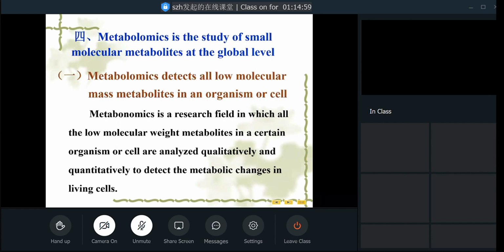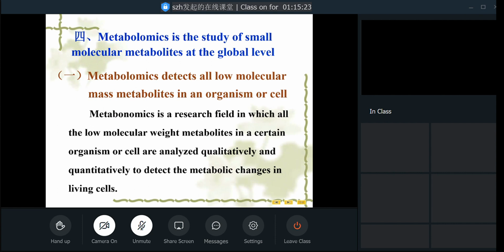And the last topic, metabolomics, is the study of small molecular metabolites at the global level.